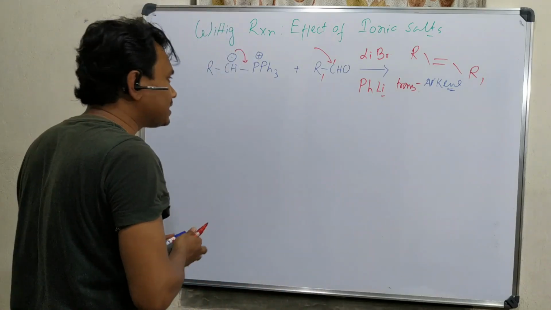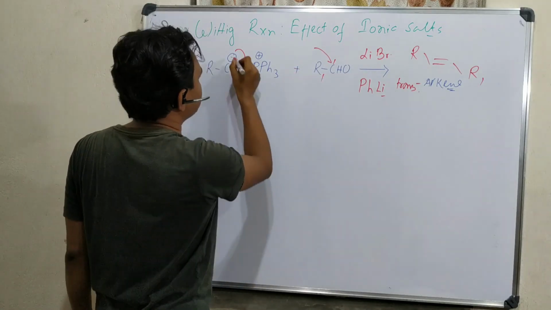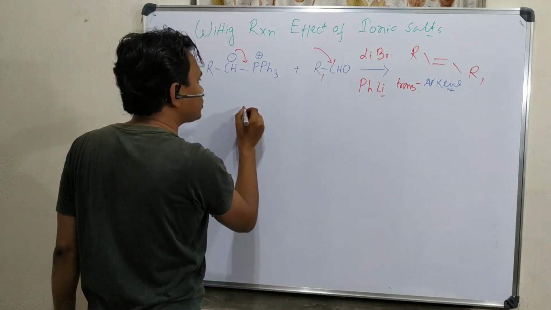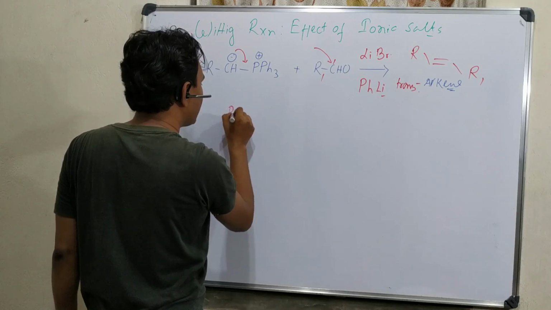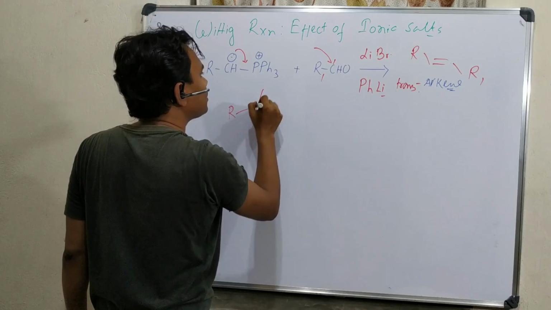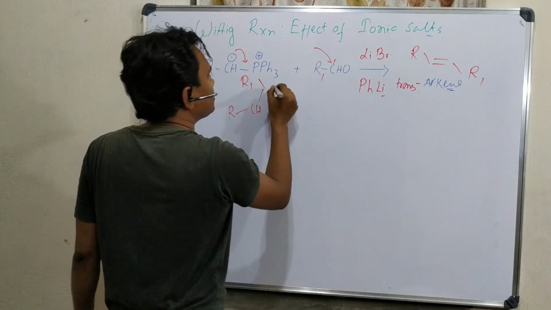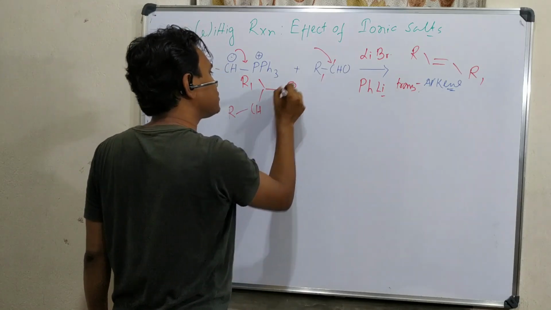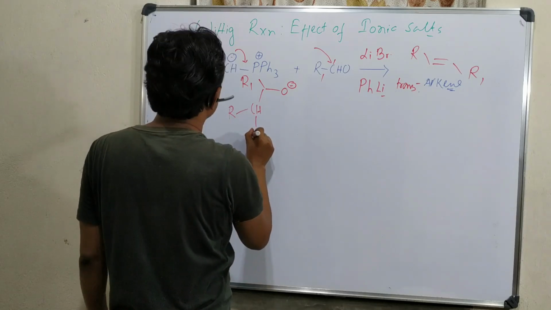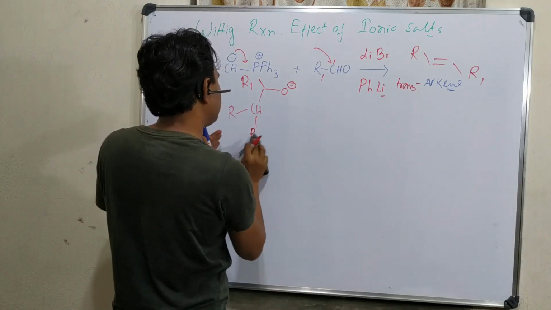To get the details, first we have to understand what happens in this reaction. This carbanion attacks and opens up this ring. Actually, RCH reacts with this R1 CHO, and it produces O minus and this carbanion, and this adds with PPh3.